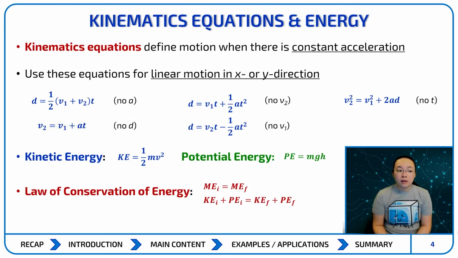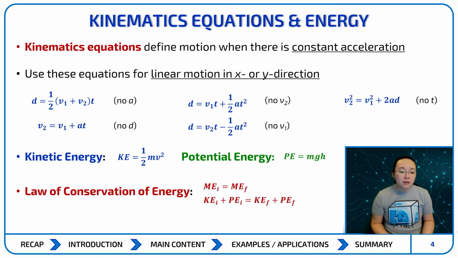If there's not enough information presented to you to apply the kinematics equations, then you can take a look at energy. So in terms of energy, what we can apply is the law of conservation of energy. So that means the total amount of energy that you start with is equal to the total amount of mechanical energy that you end up with. So that's just 2 snapshots in time, and we call that MEI and MEF.